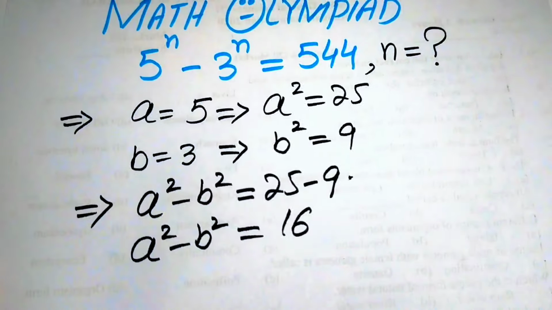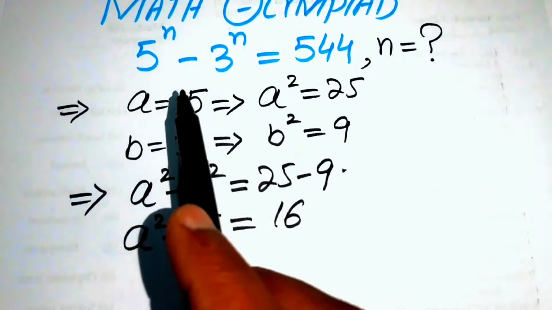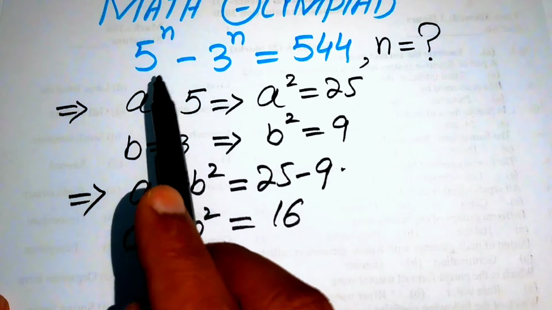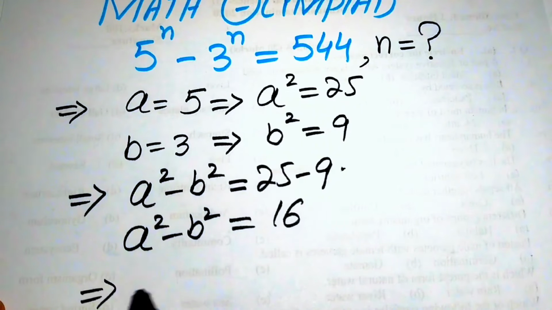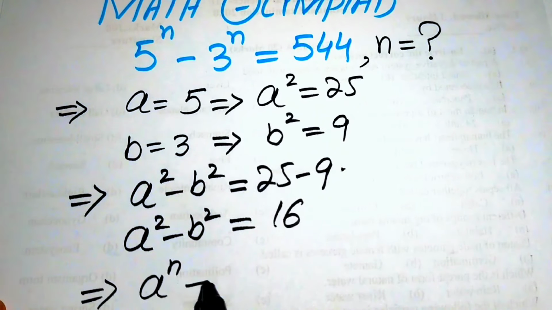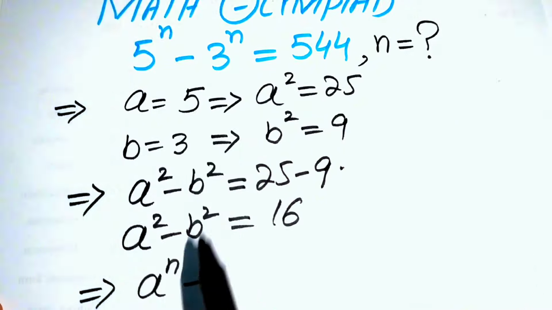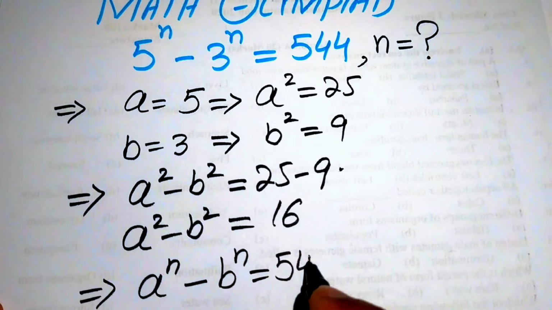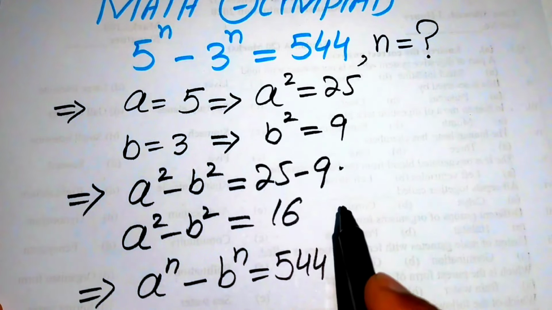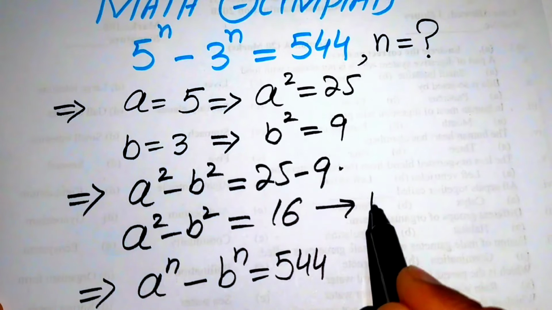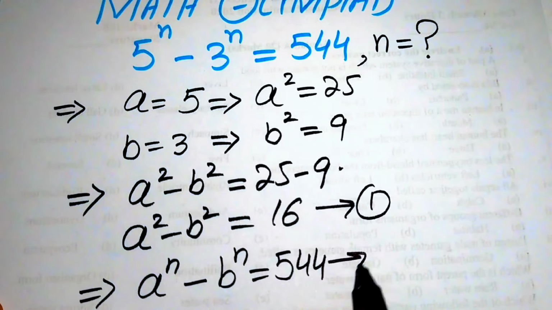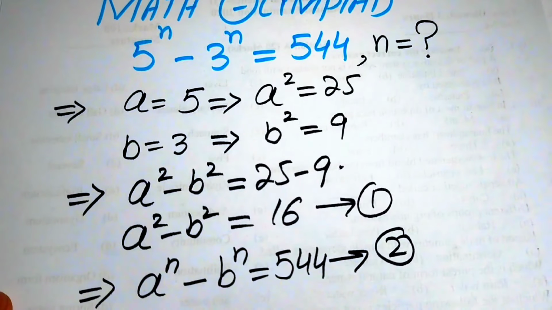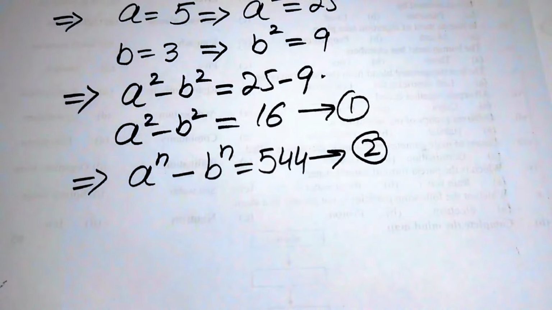When we put the values of a and b in the given equation, putting 5 equals a and 3 equals b, it becomes a to the power of n minus b to the power of n equals 544. We call this equation number 1 and the previous one equation number 2. Now we solve these two equations.